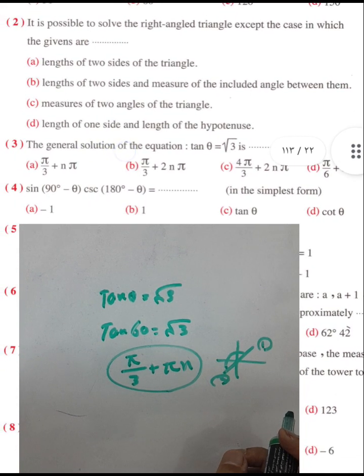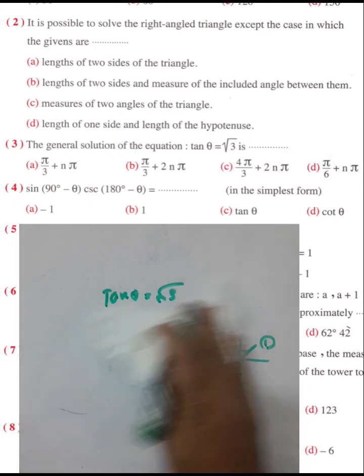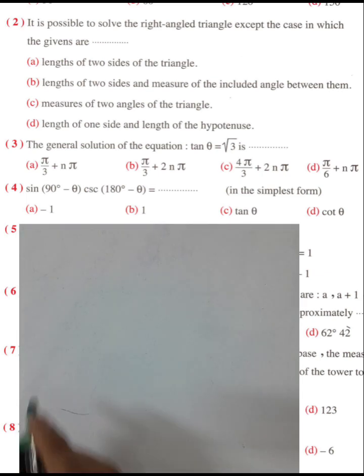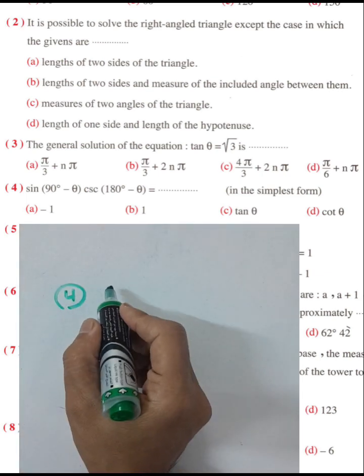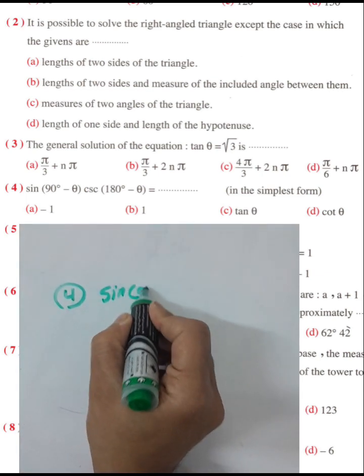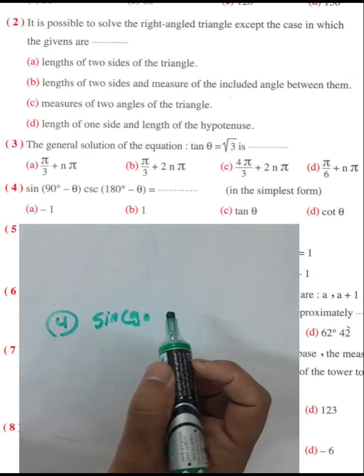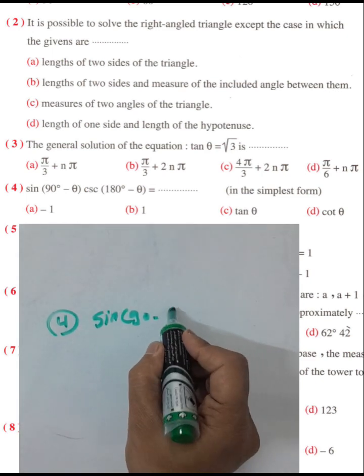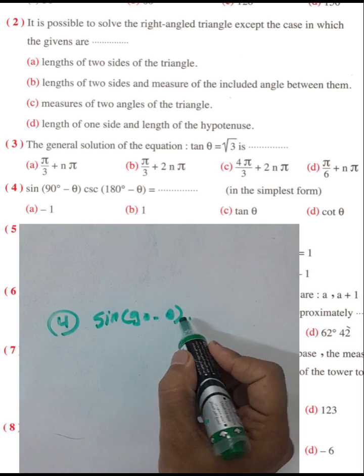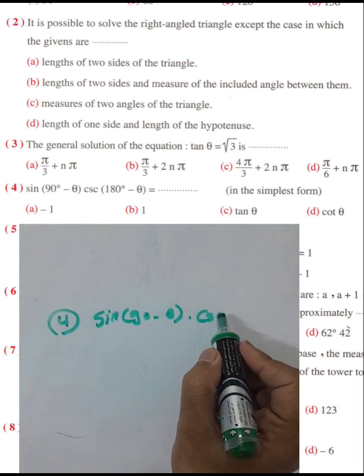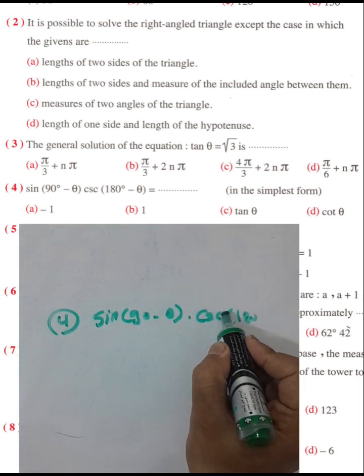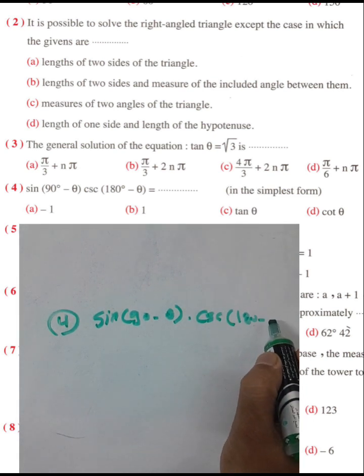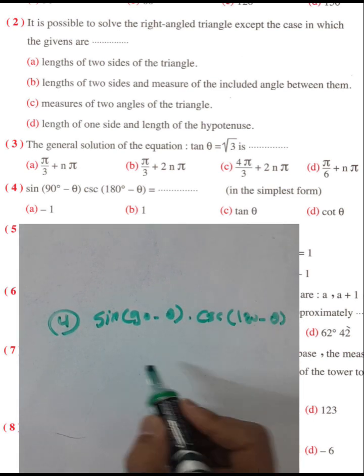Question number 4, find in the simplest form. We have sine of 90 minus theta times cosec of 180 minus theta.